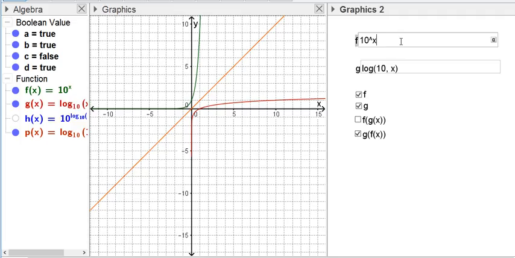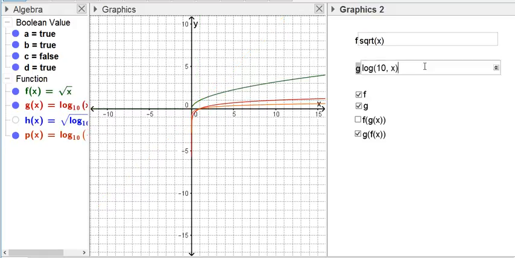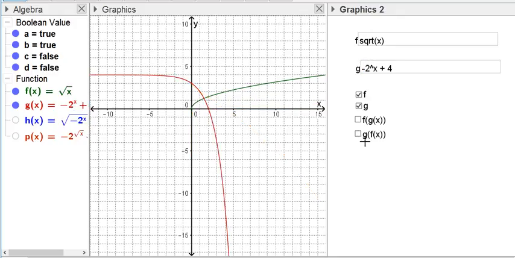Okay, so let's think about this a little bit. So we've got, what was the first one? Square root of x. And the other one was negative 2 to the x plus 4. Yeah. So there are those two functions. Okay, square root of x, no transformations.